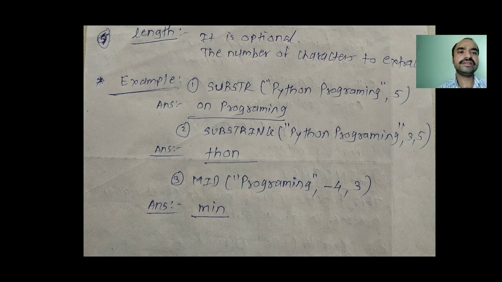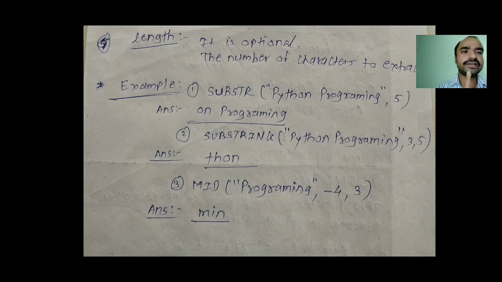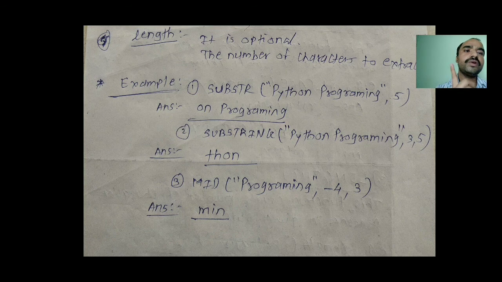The answer is thon and a space. In Python, P is the first position, Y is the second position, T is the third position. So we want the string after the third character and we want five characters. So THON is 4 characters, and again there is a space, so it becomes 5 characters.